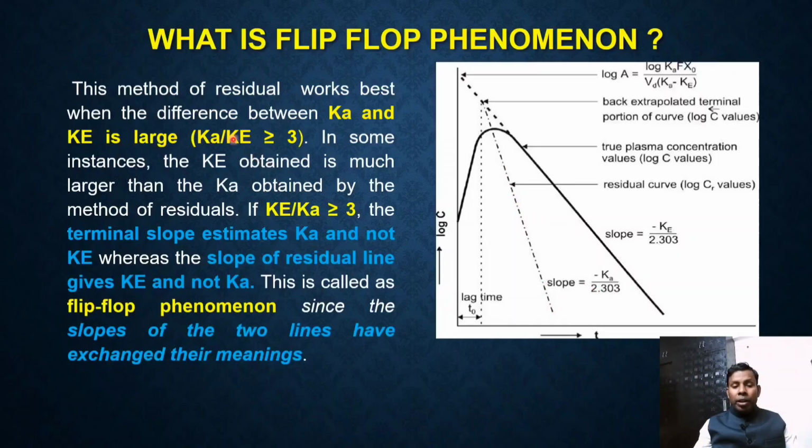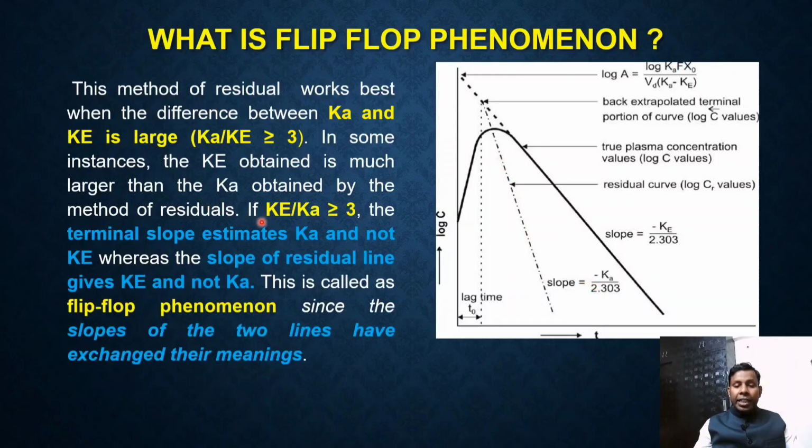But a problem will occur when Ke is much more than Ka. If this ratio is greater than or equal to 3, then what will happen? This terminal slope will give Ka, not Ke, and this residual slope will give Ke, not Ka.